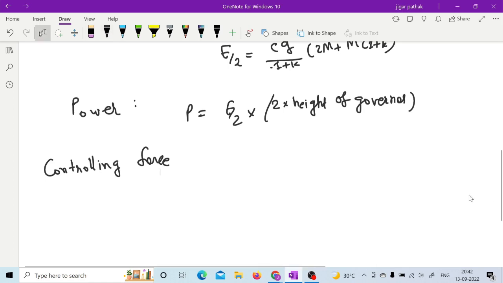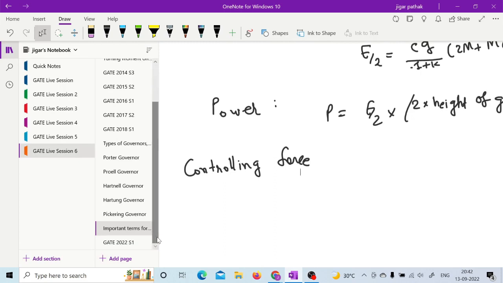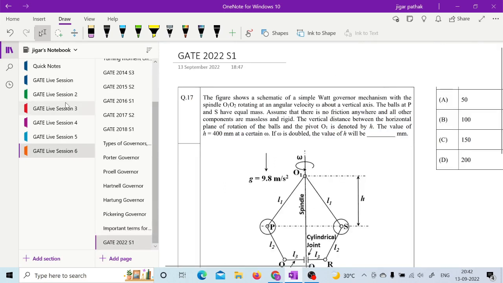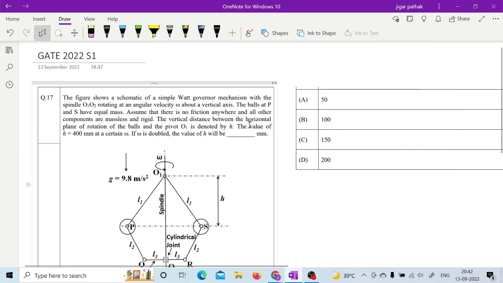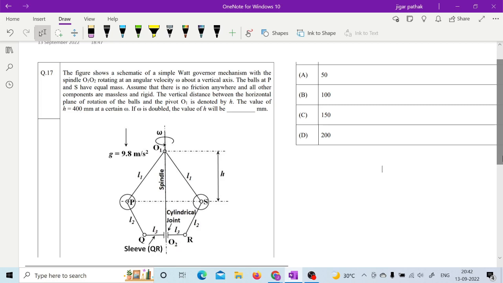And finally the last thing is actually one question that was asked in 2022 only, session 1. So you can try this question, it is a very easy question only. The figure shows a schematic of a simple Watt governor mechanism with the spindle O1 O2 rotating at an angular velocity omega about a vertical axis.